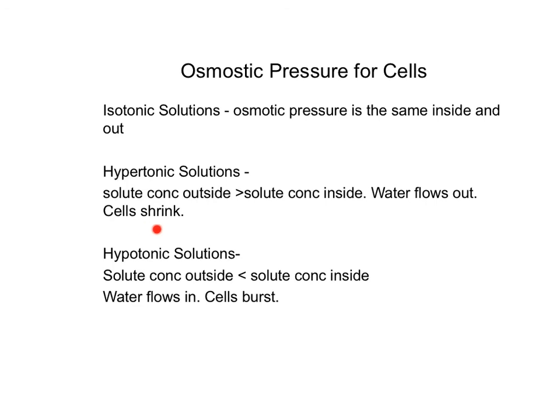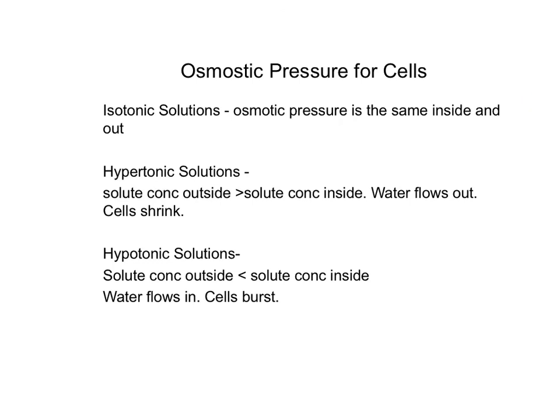And so the cells will shrink as a result of that. That's a hypertonic solution. If it's a hypotonic solution, then the concentration inside is greater than the concentration outside. So the water is going to flow into the cell in order to dilute this concentrated solution. So water is going to flow in. You might get to the point where the cells burst. So that's why you have to have an isotonic solution for your IV.